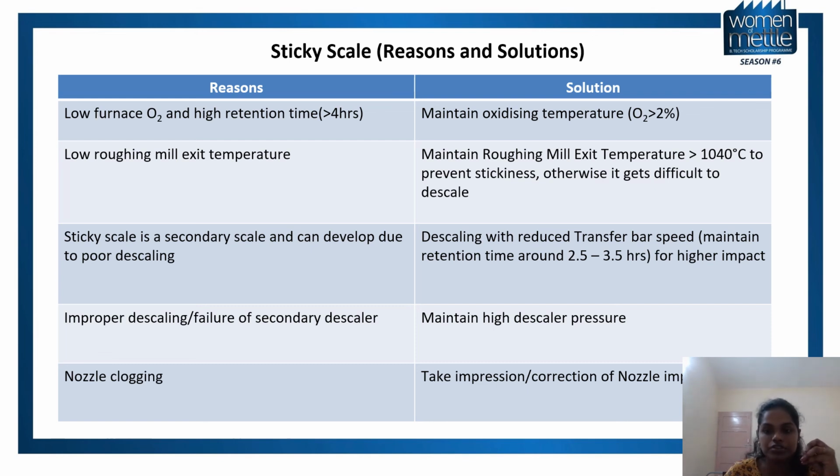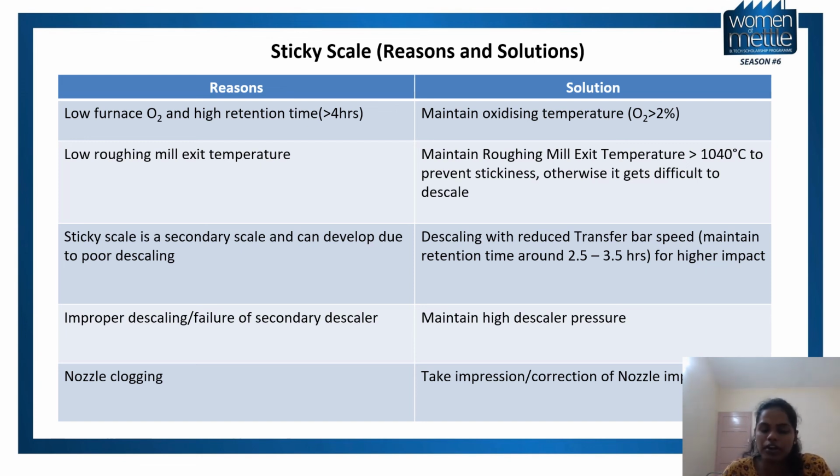Descaling with a reduced transfer bar speed, as I have mentioned. If you reduce the speed, the impact of descaling will be higher. And then we should maintain high descaling pressure, more than 180 bar. That can also be a reduction method for sticky scale.